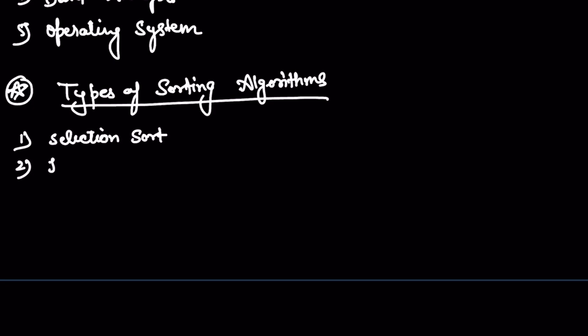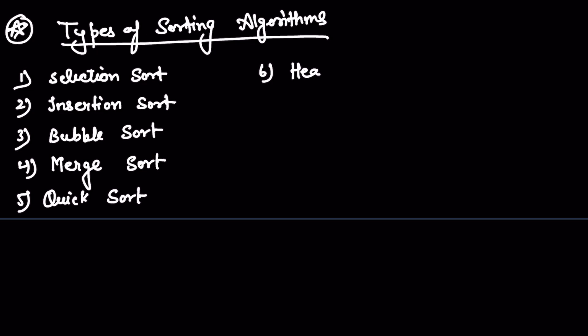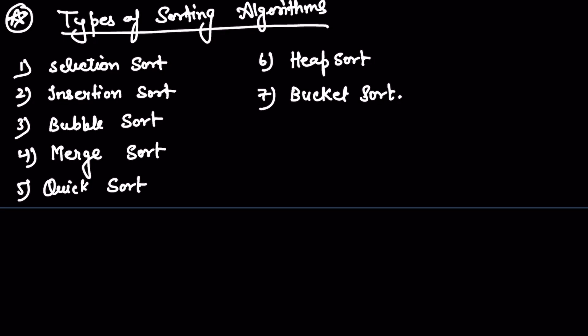Second is insertion sort, bubble sort, merge sort, quick sort, heap sort, and bucket sort. So these are the widely used sorting algorithms in data structure.